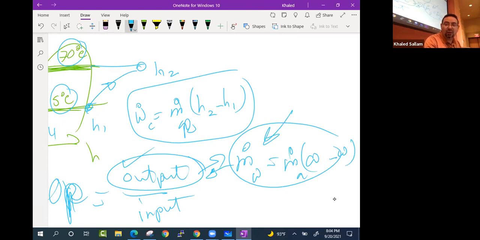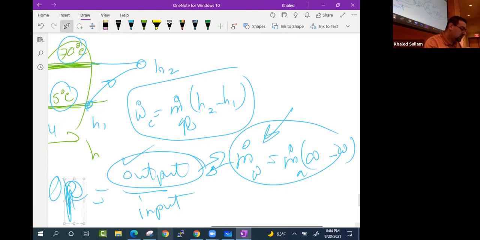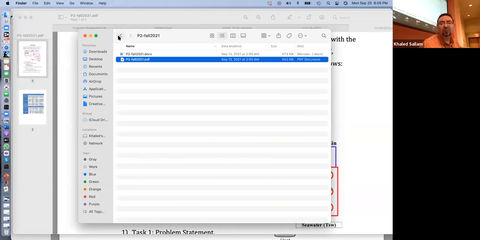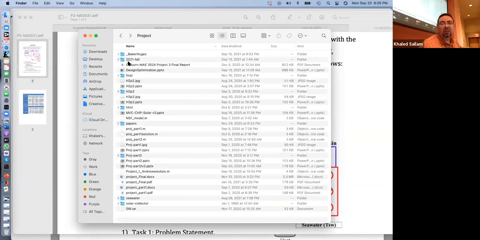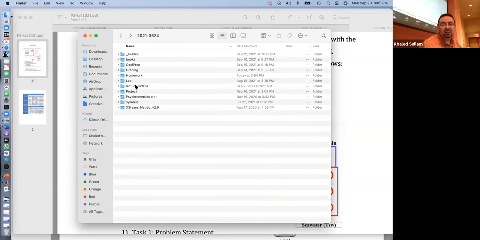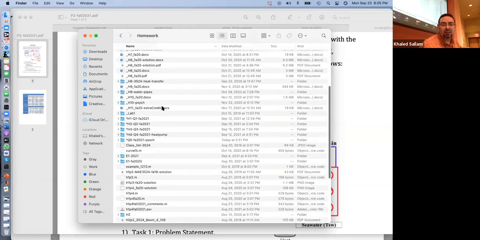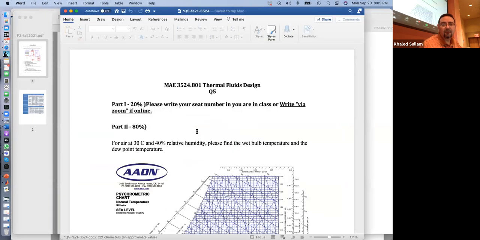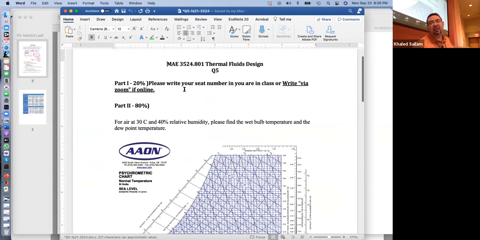Right, so it's 8:04. I think let's do the quiz. You can get the quiz from the assignment, and I'm going to pull it over here too. It's very, very easy. The first 20% is for saying whether you are online, and if you are in class, just write the seat number.